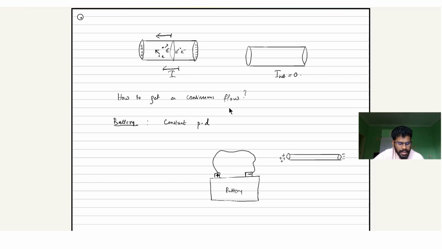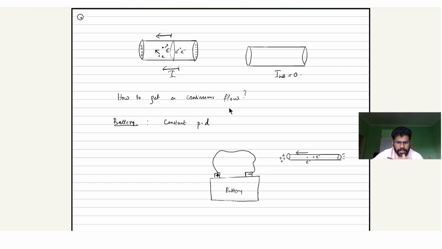When this difference is always maintained, these electrons will always be moving towards this positive charge. Now the current is not momentary. Always there will be a flow of electrons towards the positive charge. Because of that, there is a continuous flow of current in this circuit.